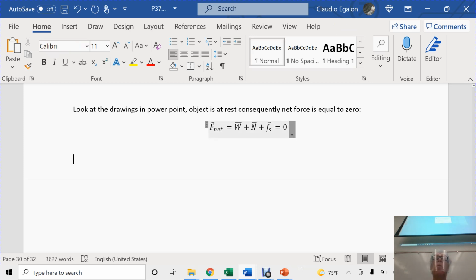And those forces can be broken down into two components, x and y. Okay, x component.